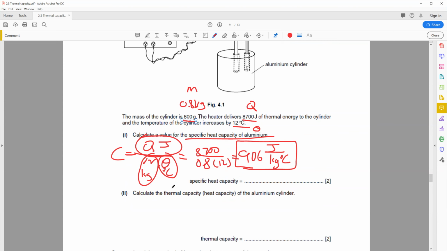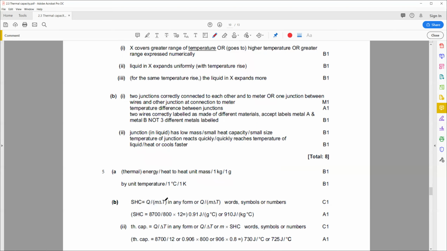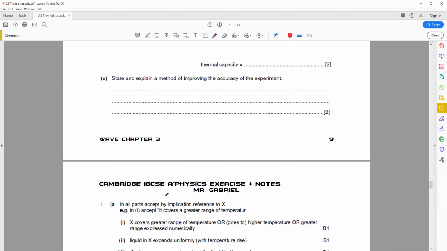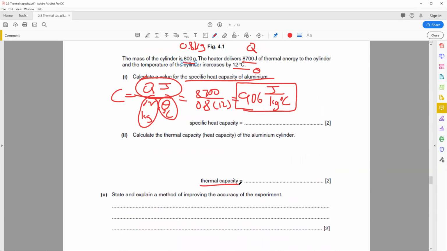All right. Then finally, the last part here. Oh no, it's not the last part. I lied. Okay, this next part here is talking about thermal capacity. Jen-Lim, what's the difference between thermal capacity and specific heat capacity again?